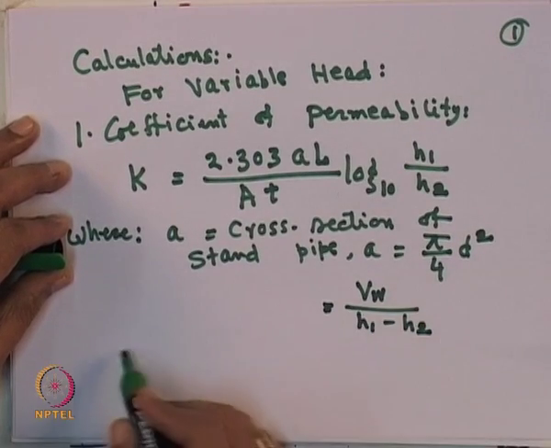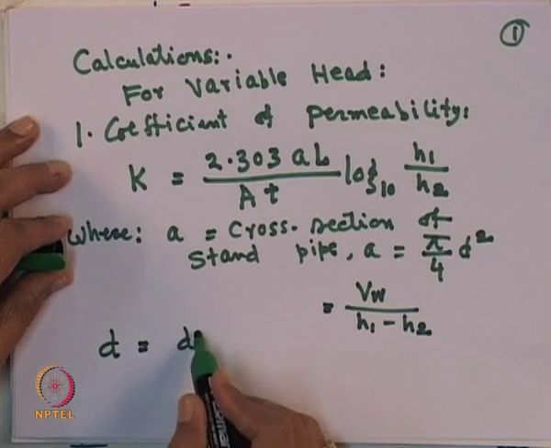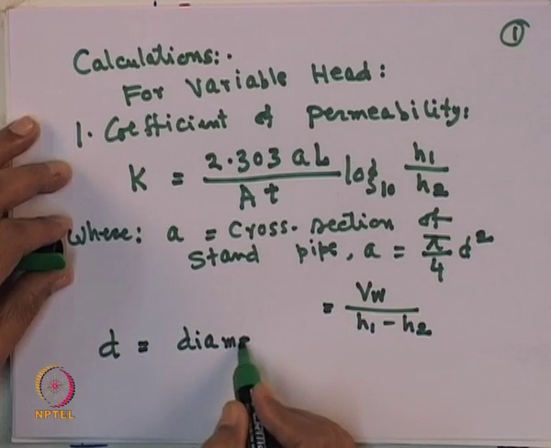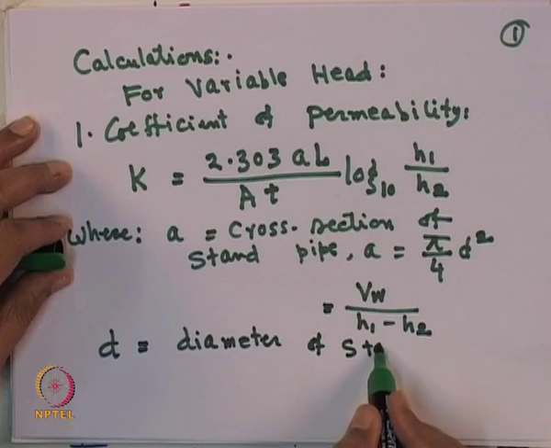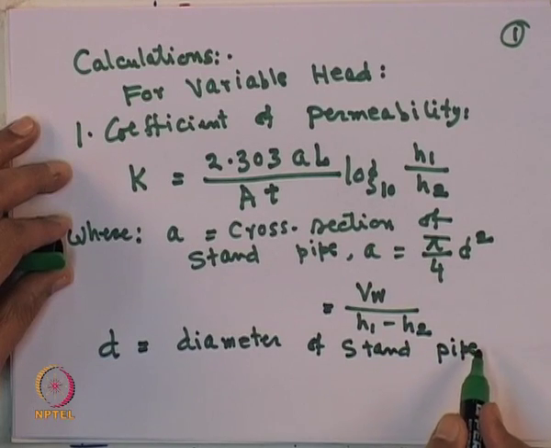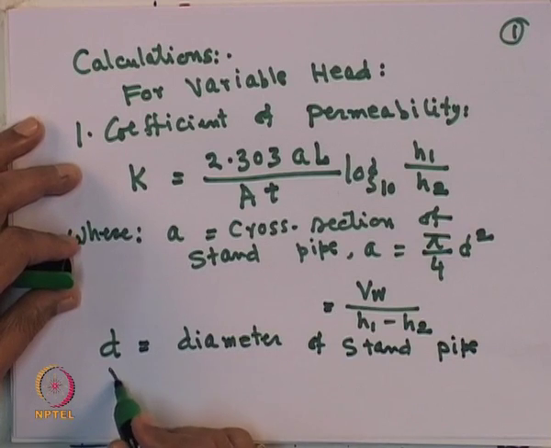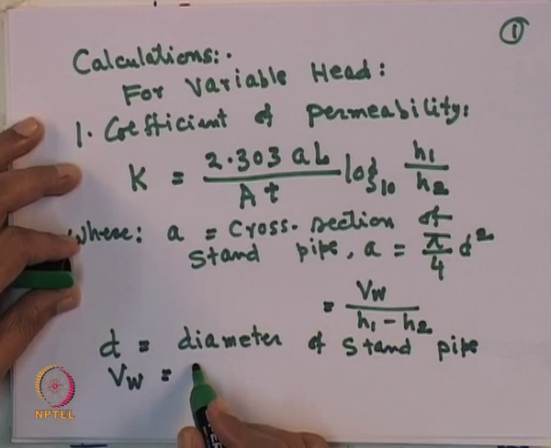So, where small d is the diameter of the standpipe, and VW is the volume of water collected.